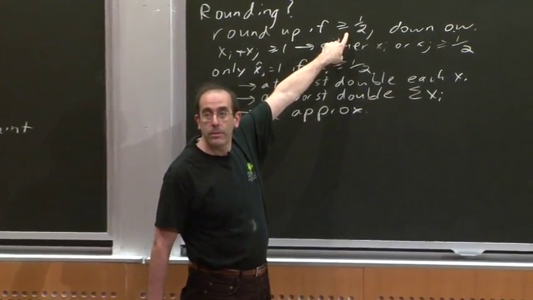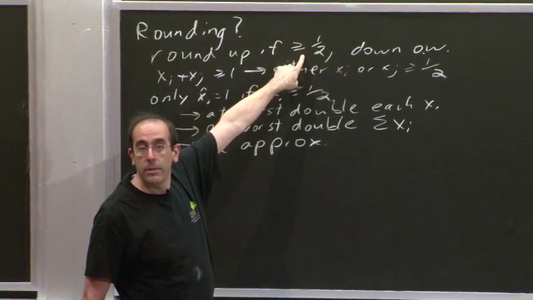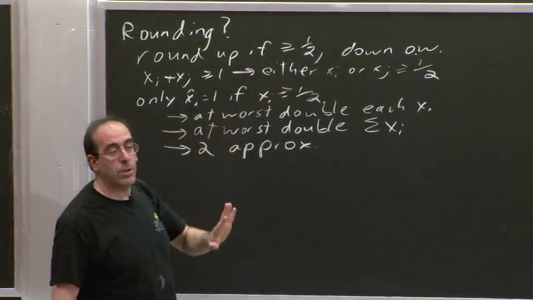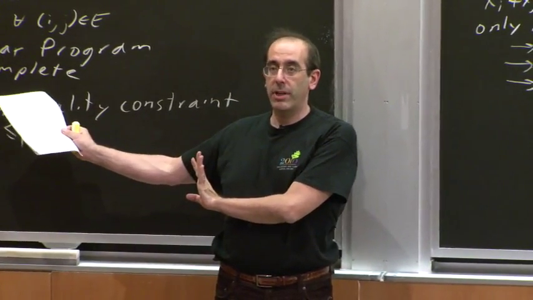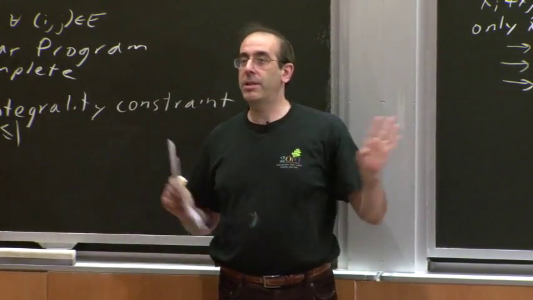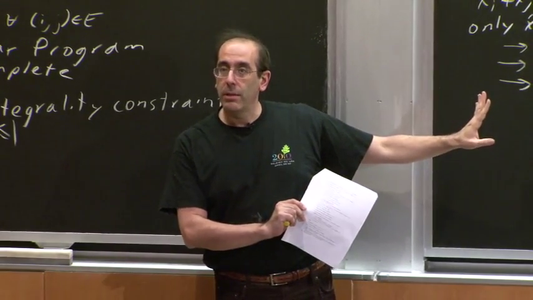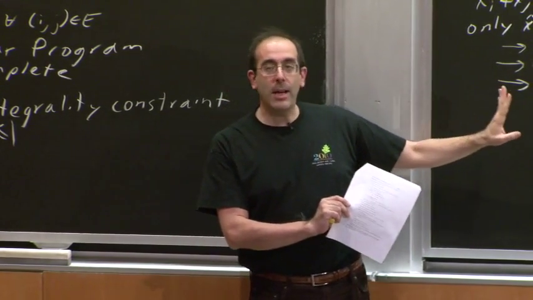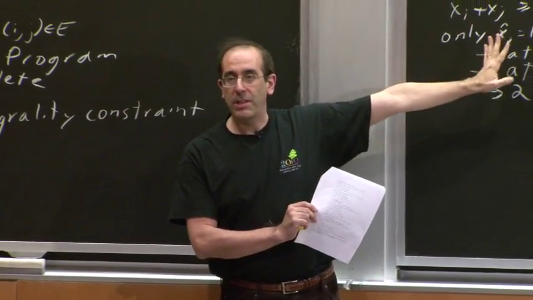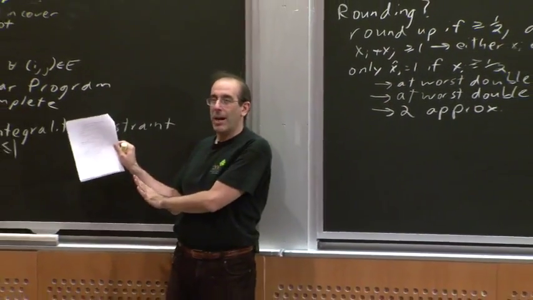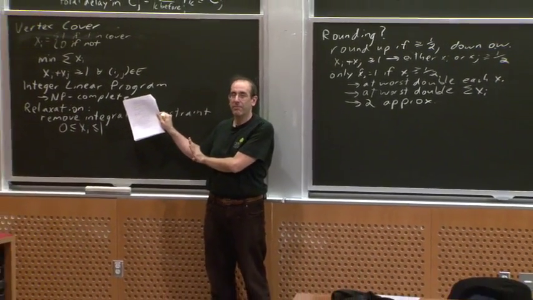We'll never have anything between 1/2 and 0. You're quite right. It may be that the fractional solution assigns value 1/2 to every vertex. But it is still true that we are at worst doubling. And so the only time that we're going to take all of the vertices is if the optimum requires at least 1/2 of the vertices.